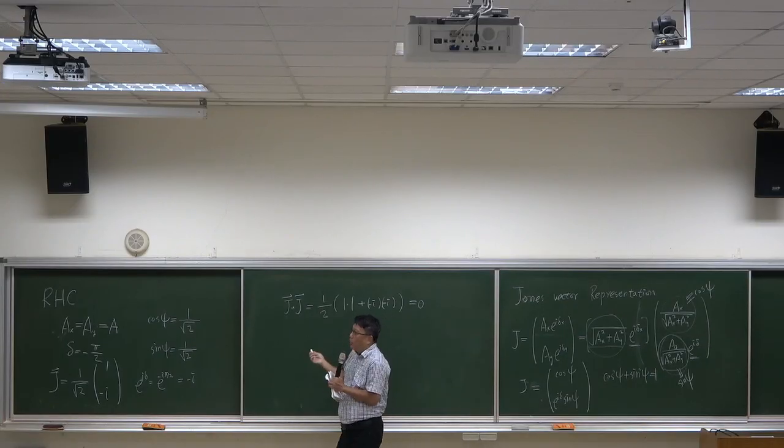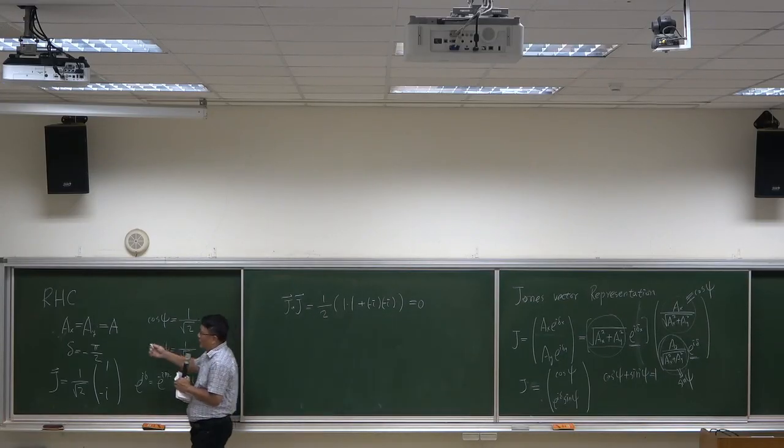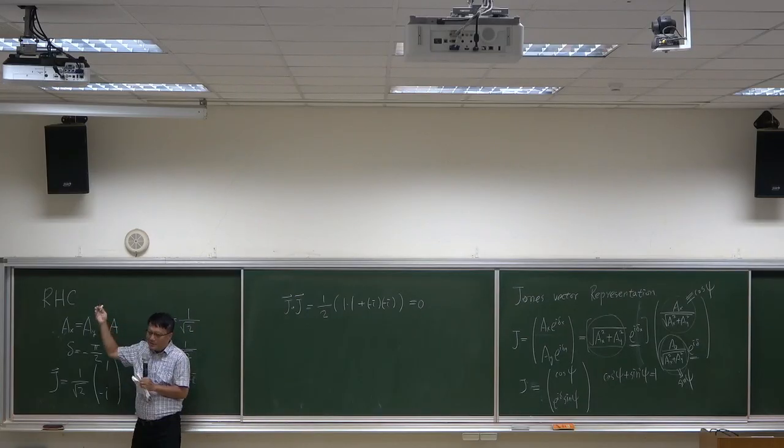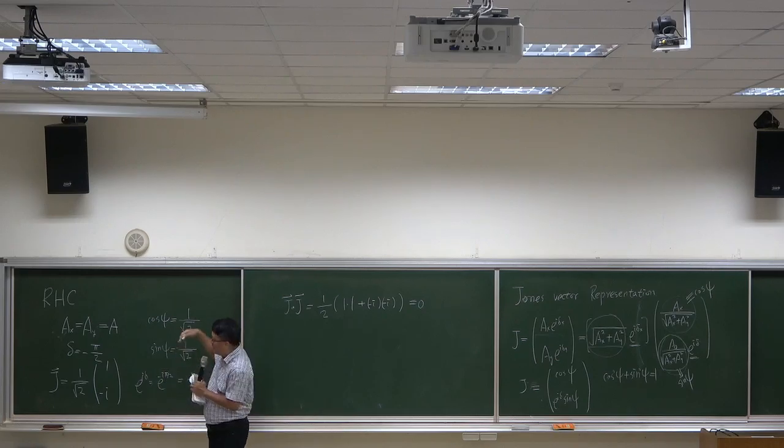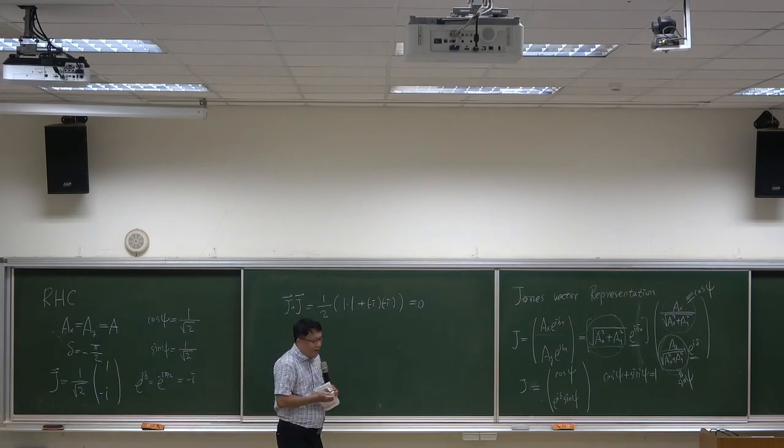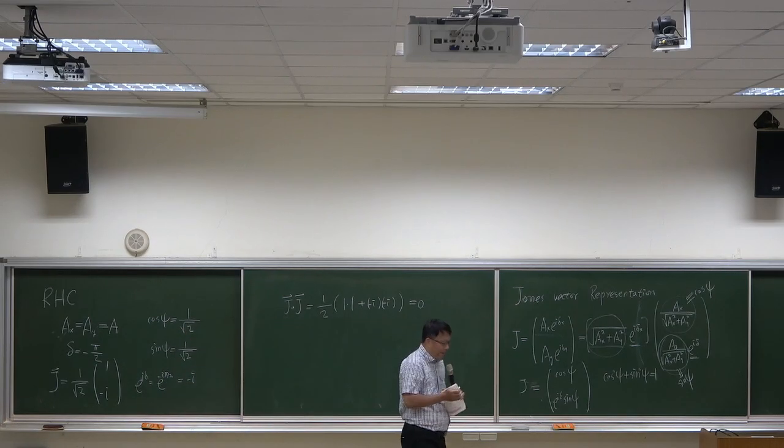Because we know right-hand circularly polarized light is not a zero vector. So how do we modify the definition of scalar product so that we get a reasonable result?